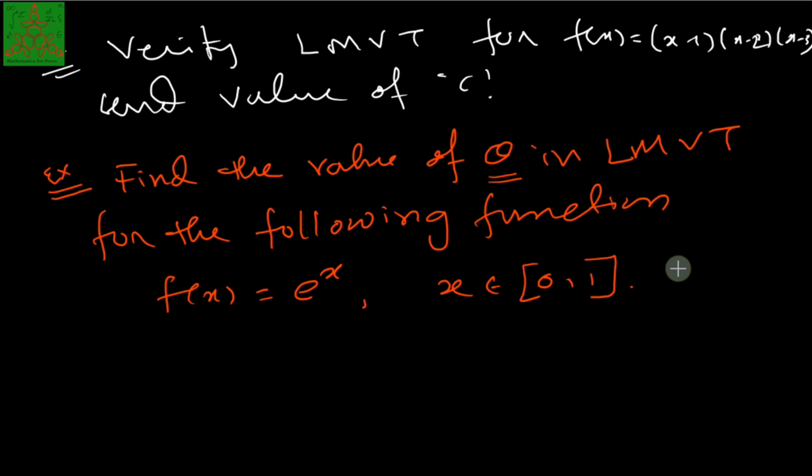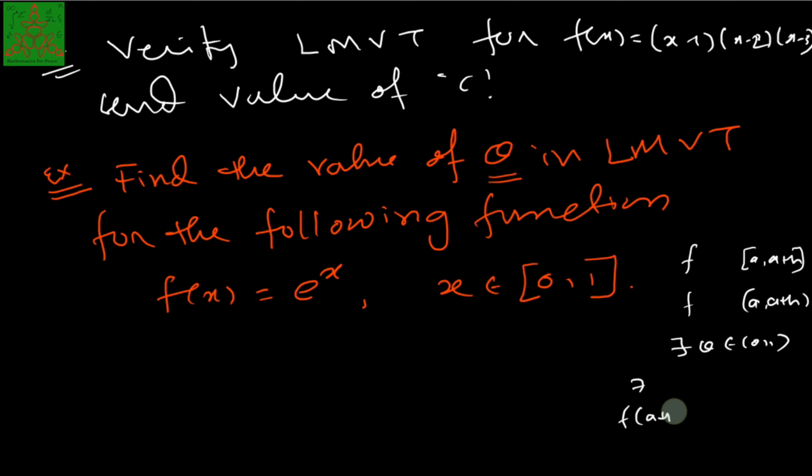As you know, the another form of LMVT says that if f is continuous over the interval a to a plus h, and f is differentiable over a to a plus h, then there exists a theta between 0 and 1 such that f of a plus h is equal to f of a plus h into f dash of a plus theta h. This is the theorem we have discussed earlier in this video and also in the previous video if you have watched that. Now the question is, we have to calculate this theta from this.